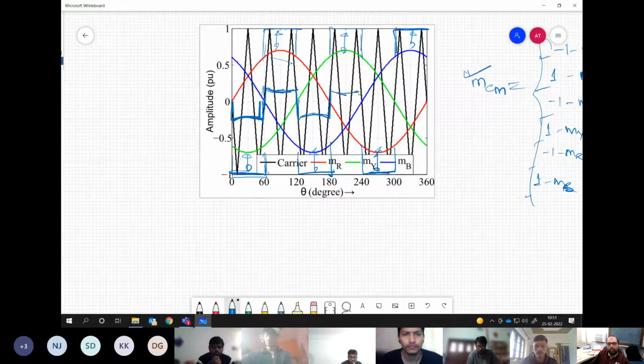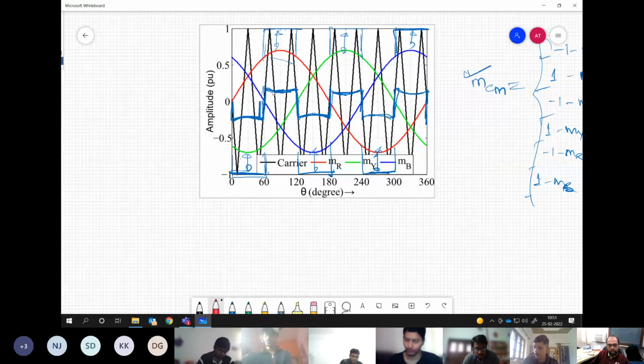And again for this portion, it will look like this. Again for this portion, it will go like this. And for this portion, it will go like this. Do you see the waveform here? This is the resultant of what I have written mathematically.